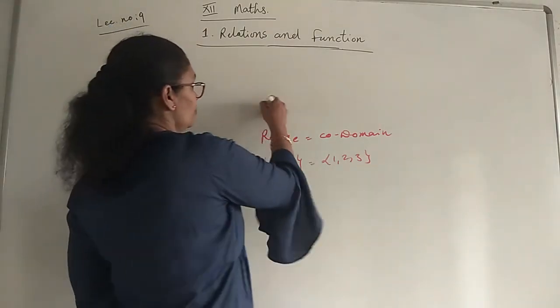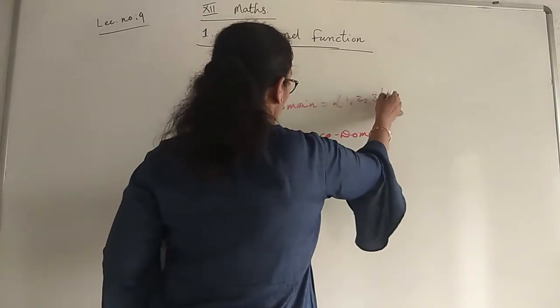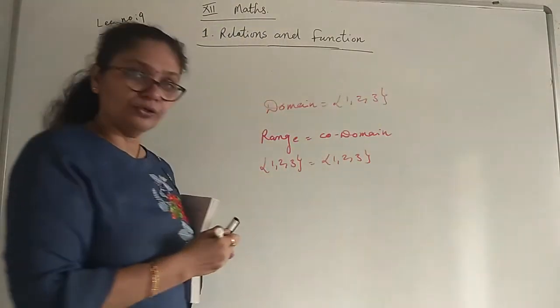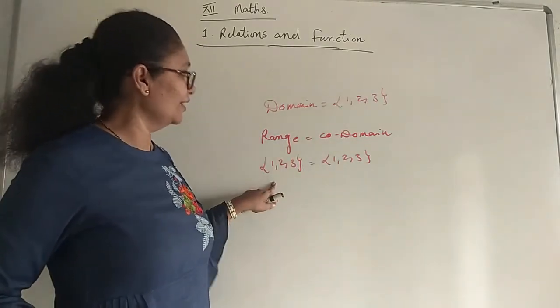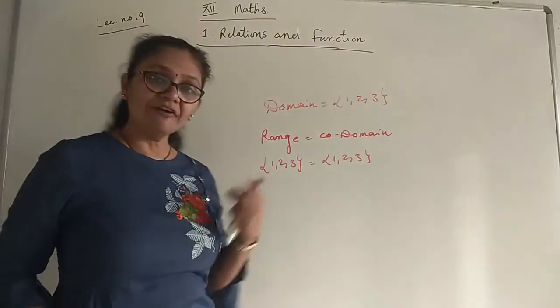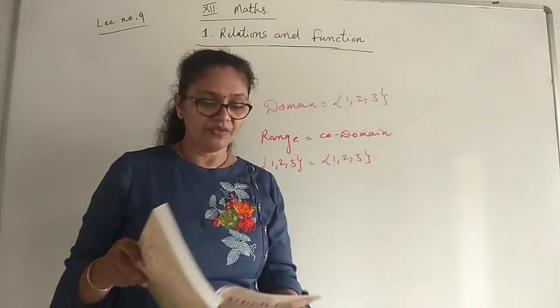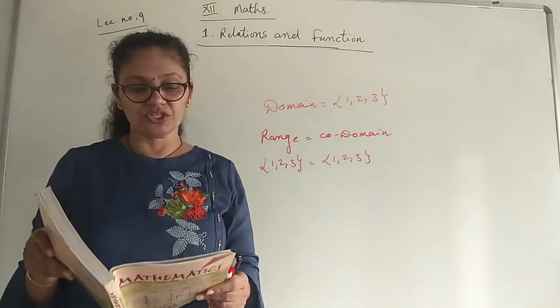And in your domain also what is given? 1 2 3. So 1 2 3 is related with 1 2 3. What is the meaning of it? With 1 only one number from here, with 2 only one number from here, and with 3 only one number on this side. So this relation is called what? One-one.